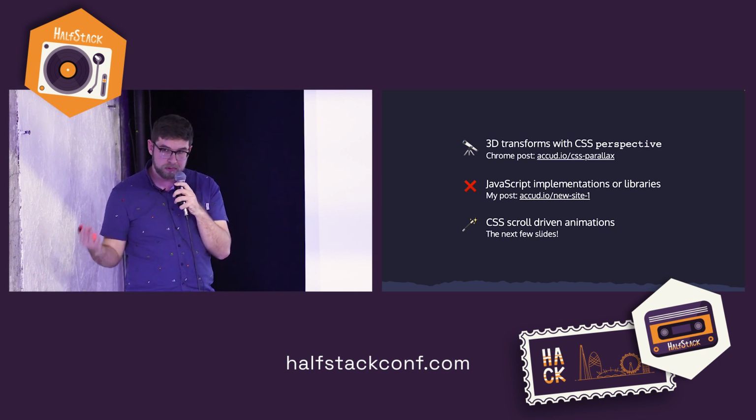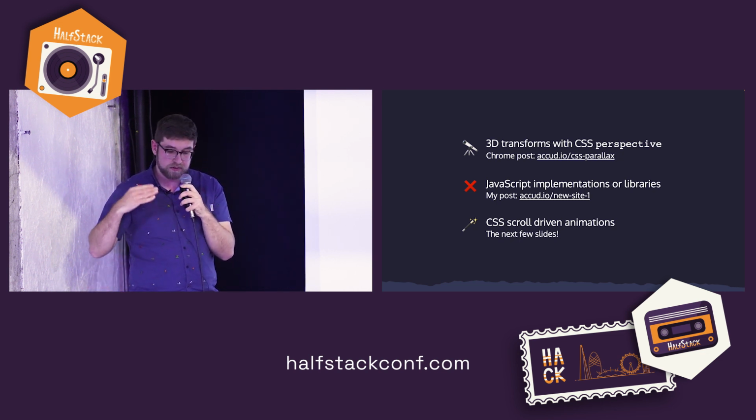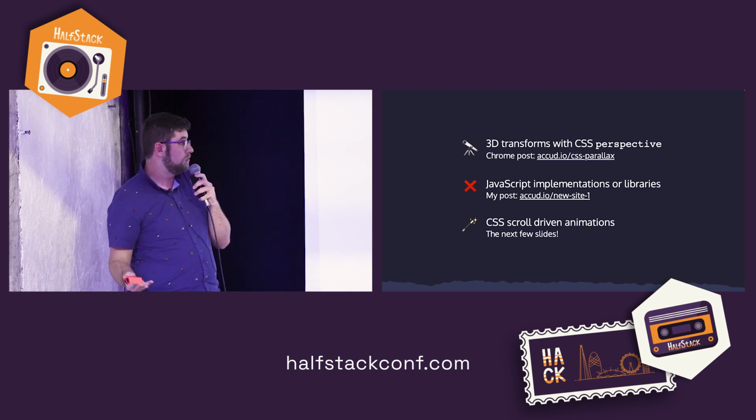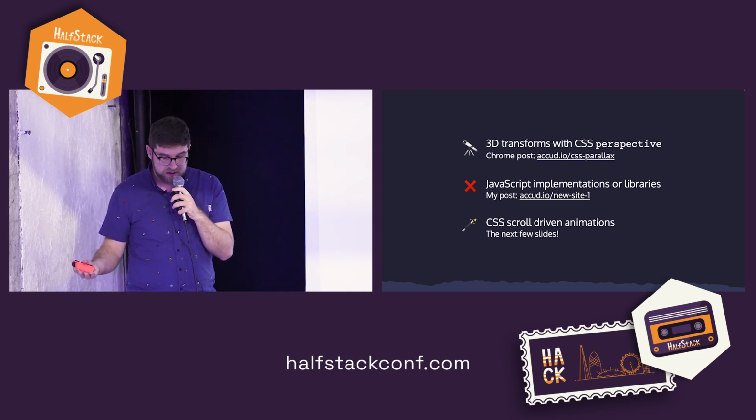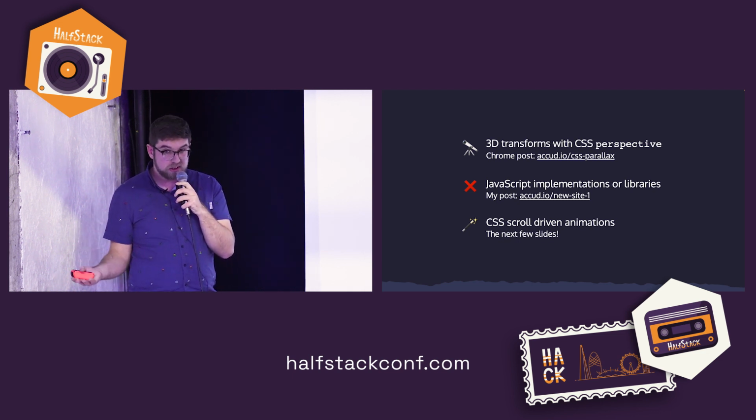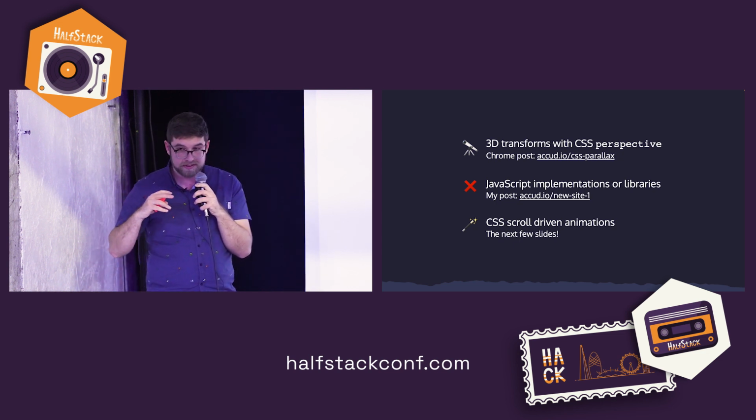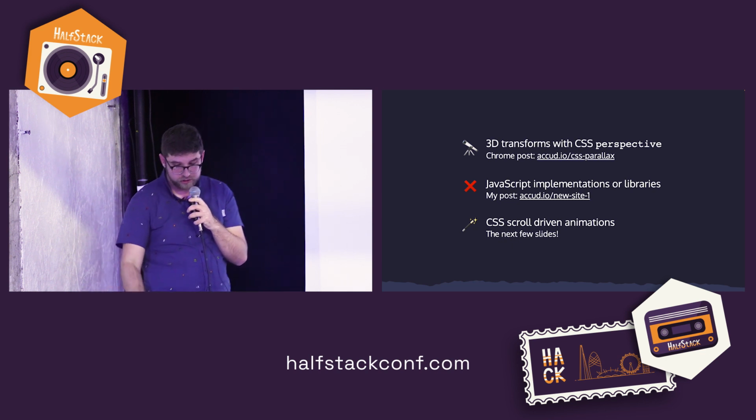Previously, if that approach didn't work for you, you'd have to go straight for JavaScript. So custom JavaScript, there are loads of libraries out there, but you can build something reasonably performant and lightweight with a little JavaScript and CSS custom properties and the calc function.